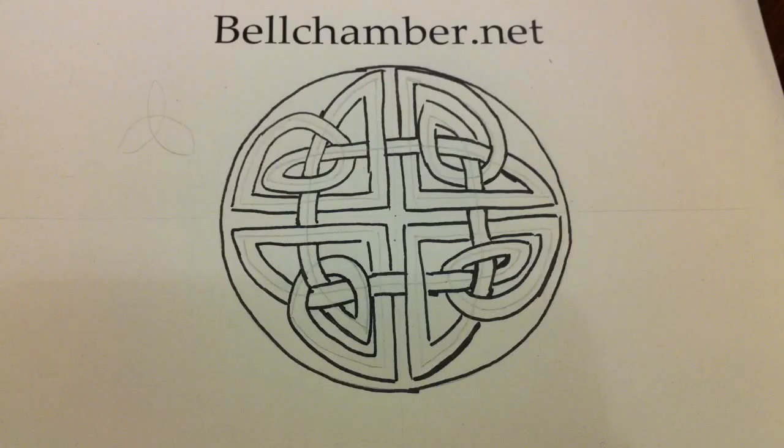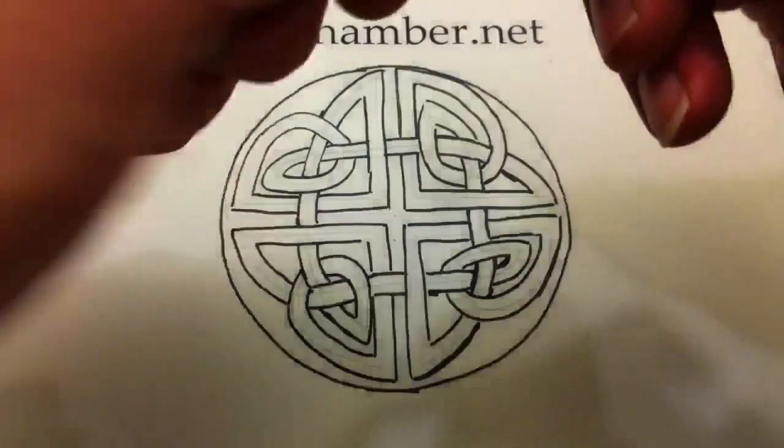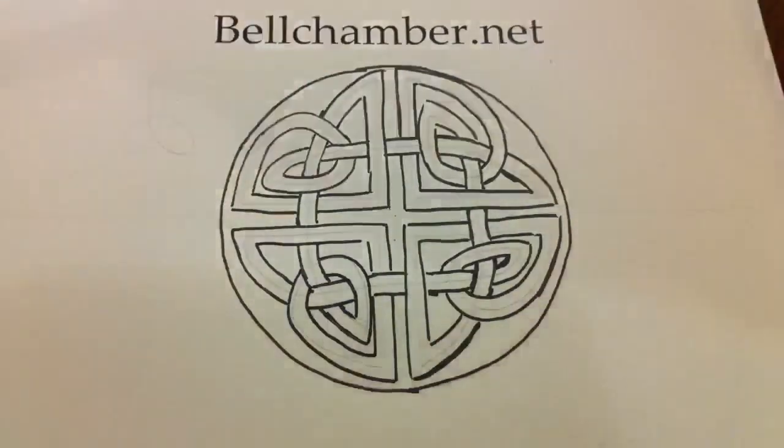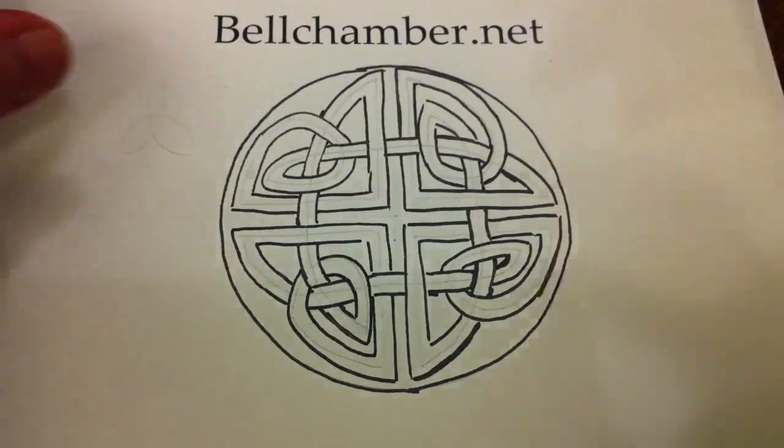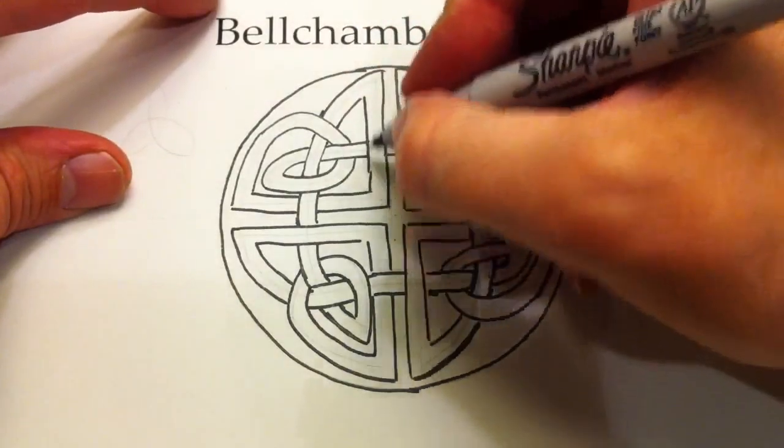We're drawing a Celtic Triskele knot design from the Pictish St. Vigeans Celtic cross. What we're going to do now is take our second thickest marker and start making the ribbon a little more uniform where it crosses over.